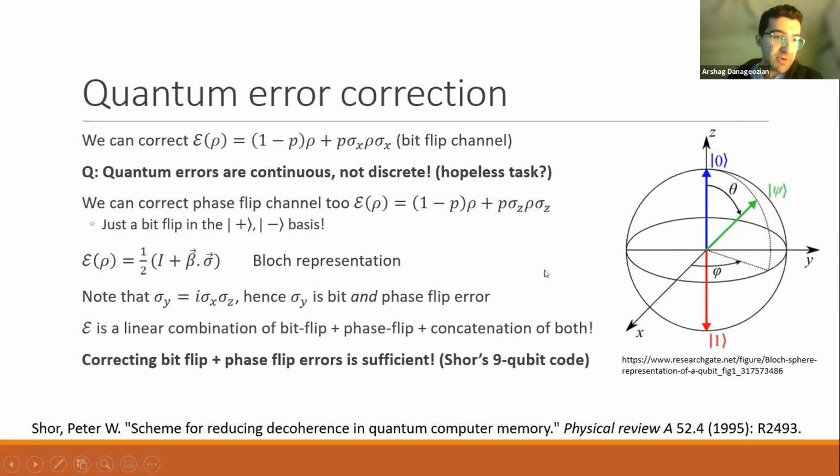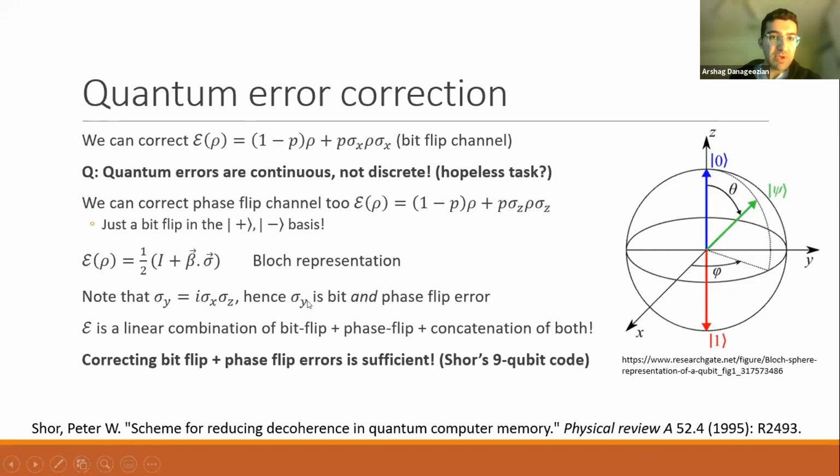So therefore, this channel has to be a linear combination of a bit flip error, a phase flip error, and a concatenation of both, which is what sigma y was, right? And therefore, you can conclude that by correcting bit flip and phase flip errors, you'll be good to go for all the continuum of possible errors that can happen for a single qubit. That has actually been shown by Shor in his famous paper.